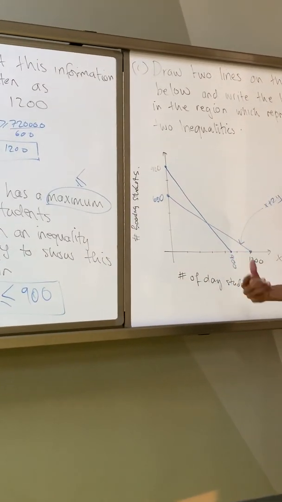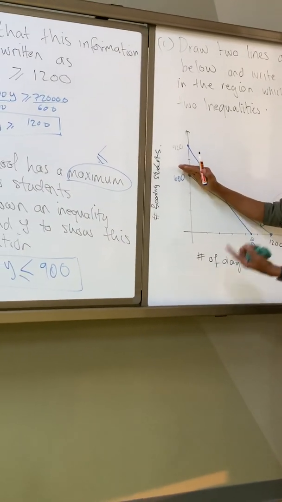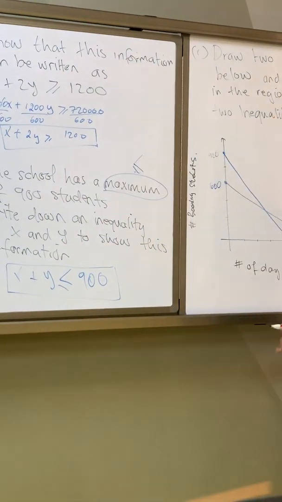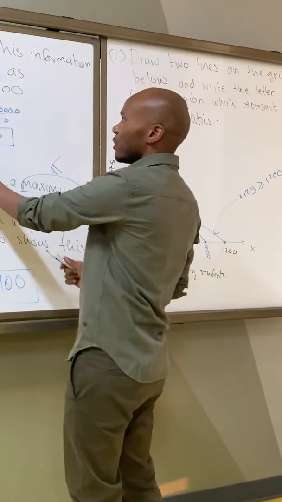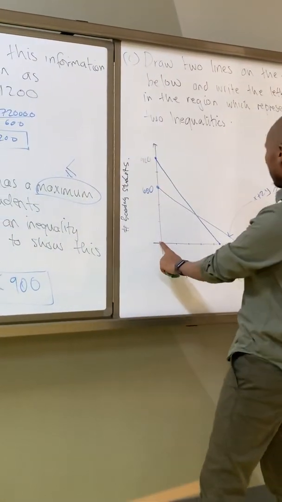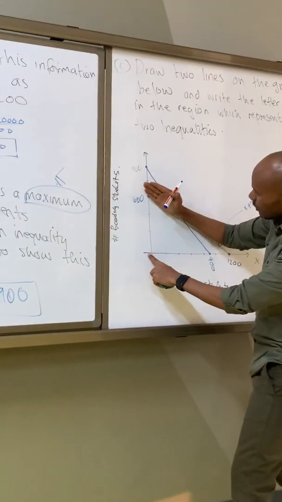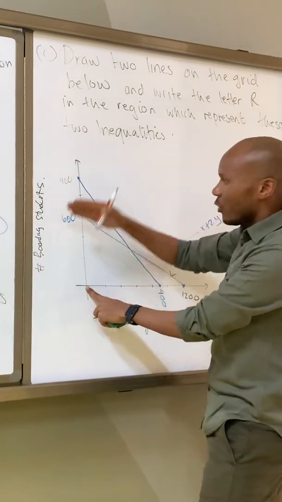Now let's talk of the inequality. We want to find which side of the line satisfies the inequality. Let's start with the first one. Let's choose a point. If we choose 0, 0, this point is below the line. You have to choose a point below or a point above.